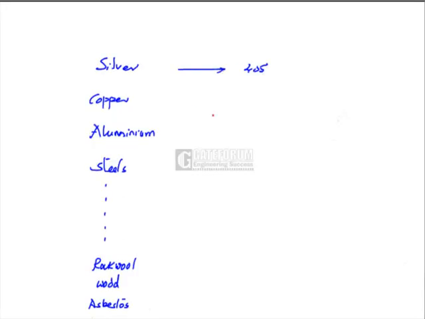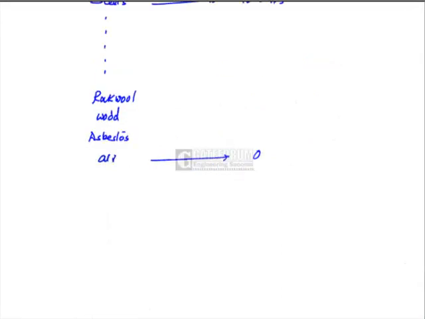Silver is 405, copper is 385, aluminum is roughly 200, steels vary between 15 to 45, all in watt per meter Kelvin, whereas air is very low, 0.07. Even water has slightly more, 2 to 6 watts per meter Kelvin.